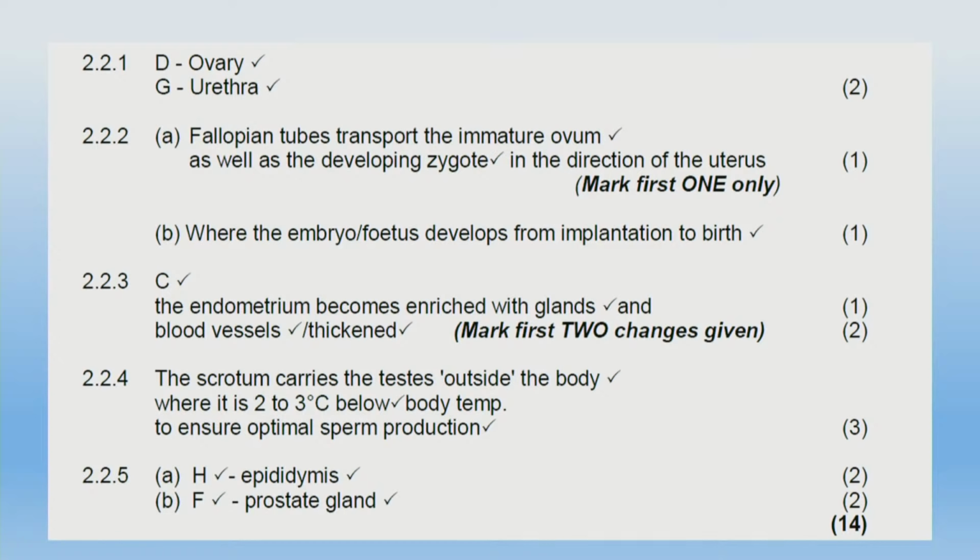This is how you have to answer the question. You will say that the endometrium becomes enriched with glands and blood vessels, or it is thickened with glands and blood vessels, or richly supplied with glands and blood vessels.